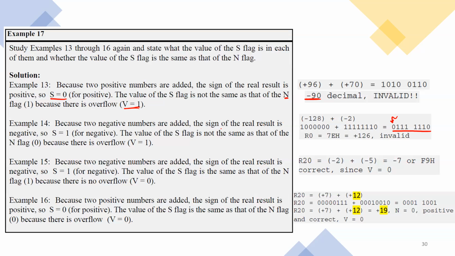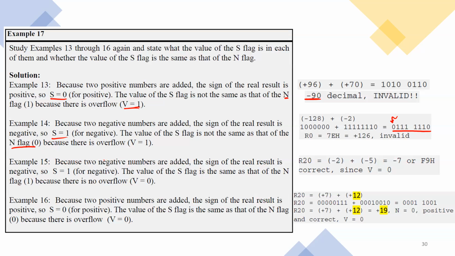So the S flag here would be active 1, and this is for negative. The value of the S flag is not the same as that of the N flag. So N here is not the right indication. The indication is from S.